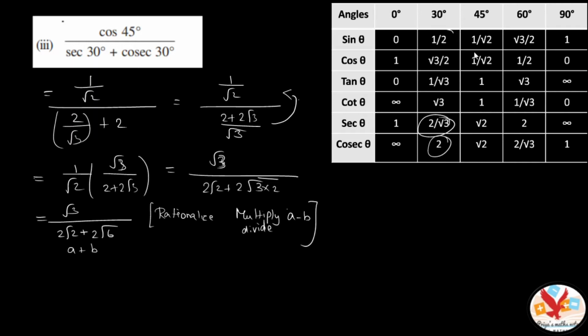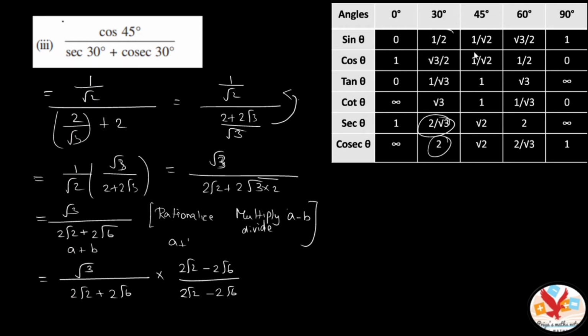Okay, therefore root 3 by 2 root 2 plus 2 root 6 into, if it is a plus b, we have to multiply by a minus b. Okay, 2 root 2 minus 2 root 6 divided by a minus b, that is 2 root 2 minus 2 root 6. Now we are going to use the algebraic identity.